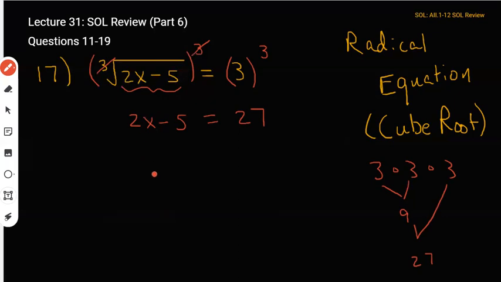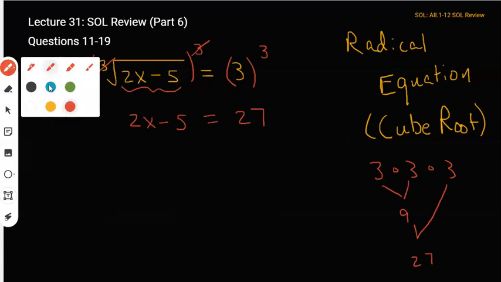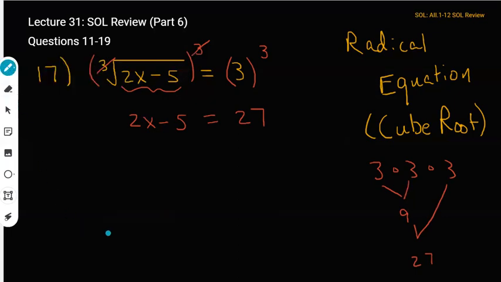Now I can just work on getting x by itself. How can I do that? How can I get rid of this negative 5? You can add 5 to both sides, right?